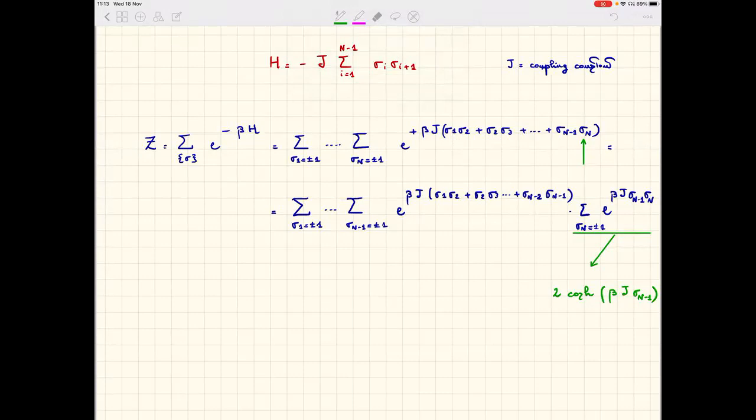It does not depend on the value of sigma n minus 1. Exactly, because sigma n minus 1 can be equal to two things, plus 1 or minus 1, but the function cosh is an even function. And therefore this is always equal to 2 cosh of beta J, no matter what the value of sigma n minus 1 is, right?